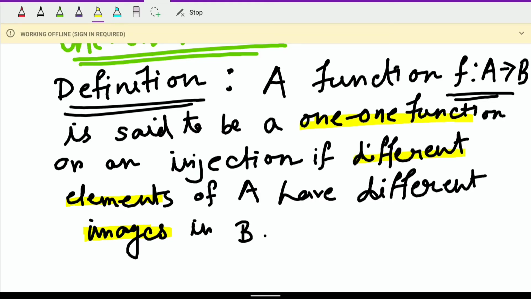I have already told what images and elements are. Now, how can we express a one-one function?